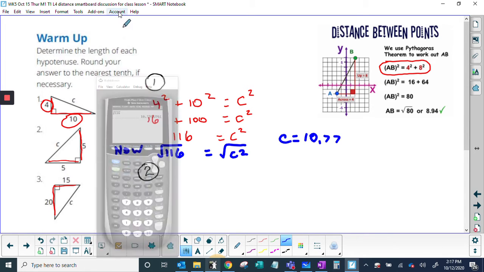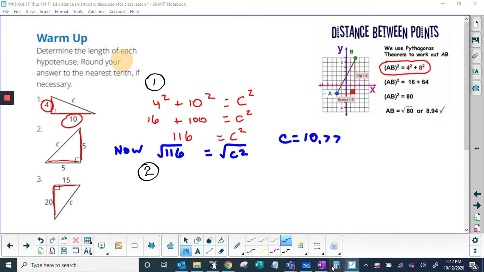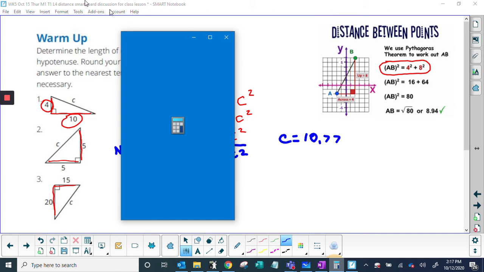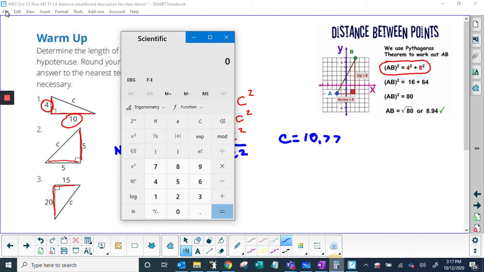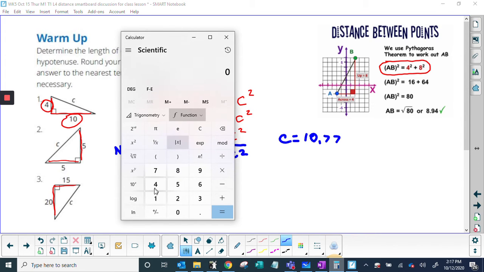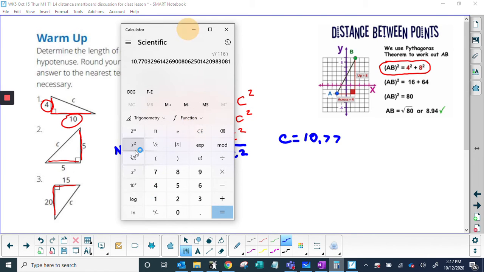Well, let's look at the desktop version. Let's clear it first. Type in 116 and then hit square root. 10.77. See that? So on this one, I put the number in first, then hit square root to get 10.77.